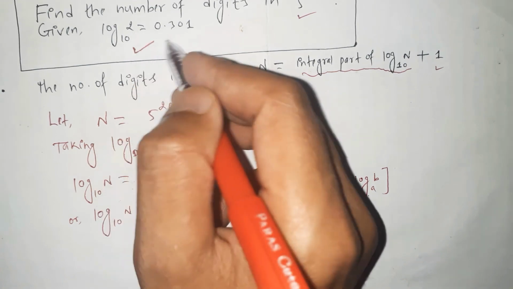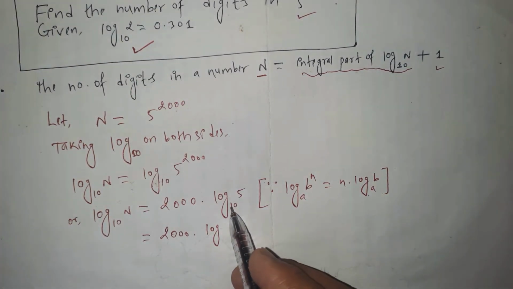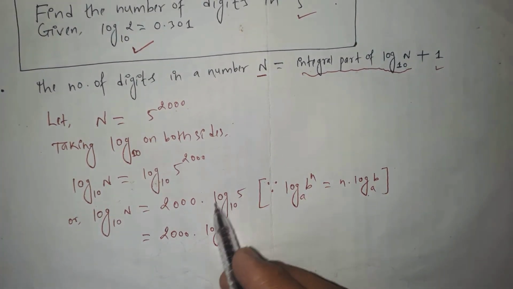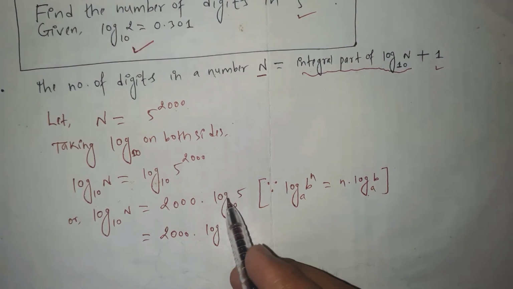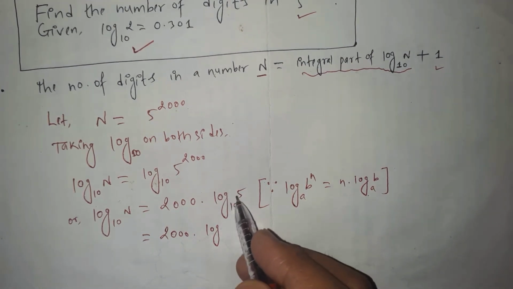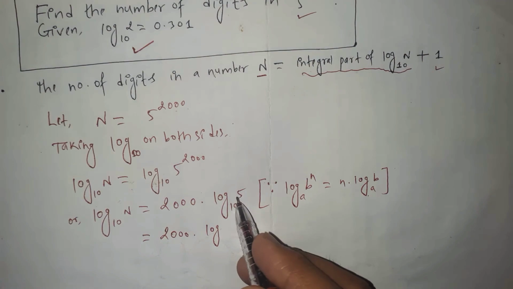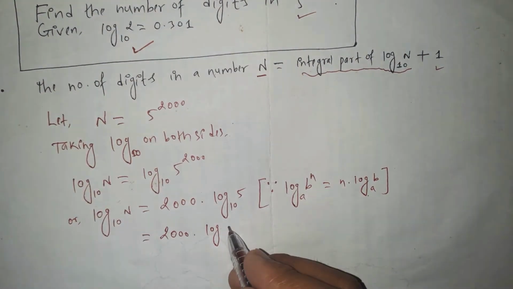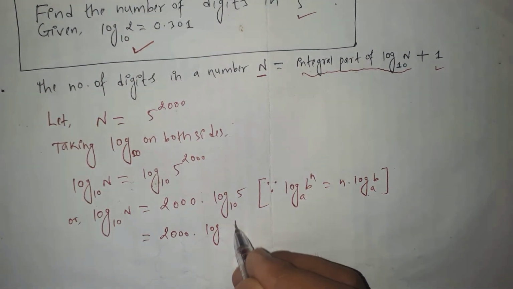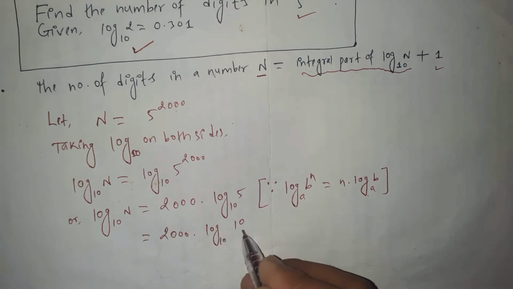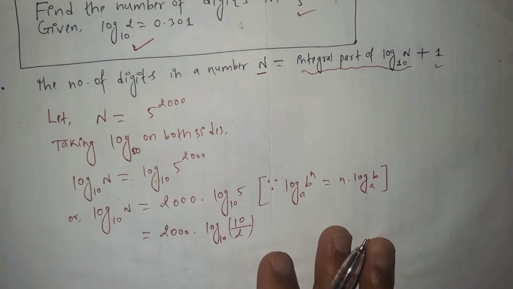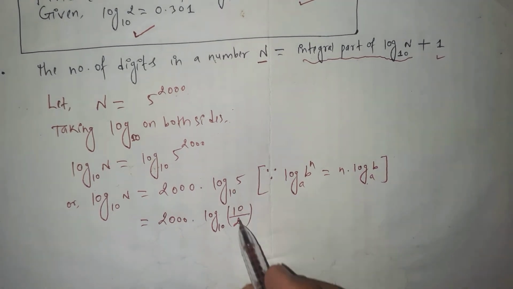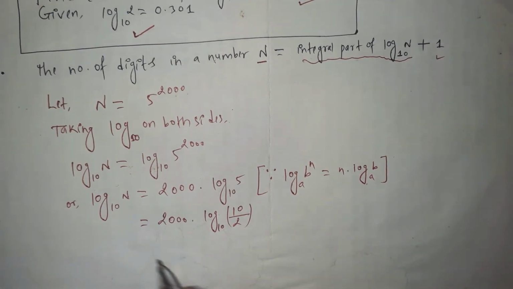Log of 2 is given, so we cannot calculate the log of 5 directly. So converting this log of 5 in terms of log of 2, and the converting process is the number 5 can be written as 10 over 2. Here I am going to translate this log of 5 in terms of log of 2.